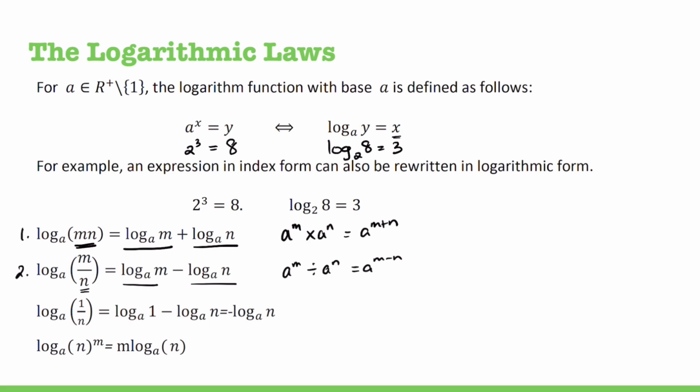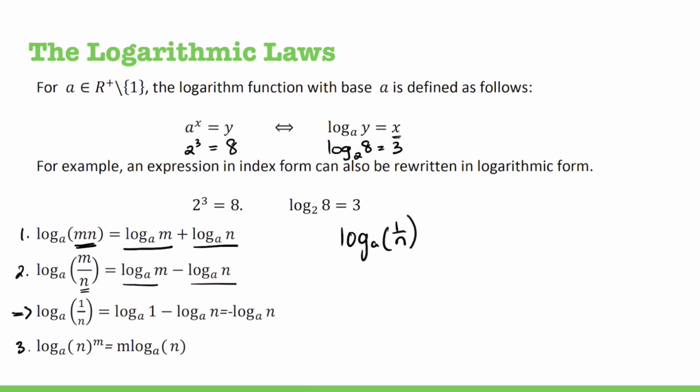Now, number 3 isn't necessarily in itself a law. I would think that the line number 3 actually tells me about this rule here, which I'm going to call number 3, but I'm going to use this concept of this line here to be able to explain how we get rule number 3. So what this is saying is that log_a of 1 on n, what happens? How can I simplify this?